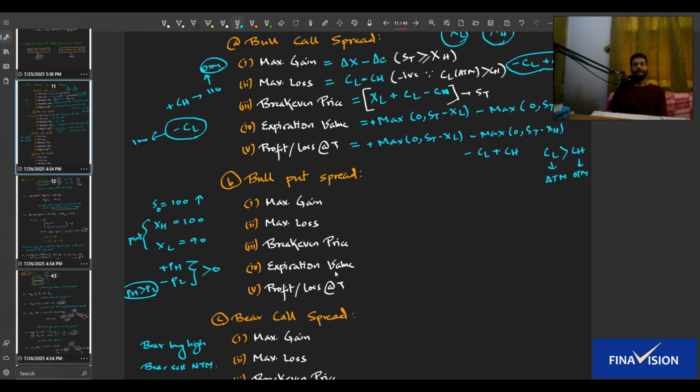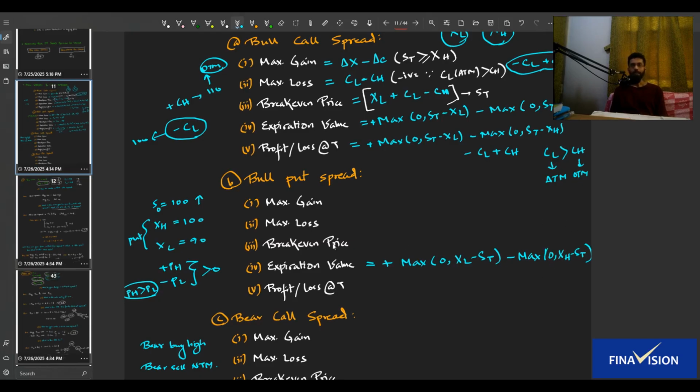Now, expiration value. What is the expiration value? This calculation remains the same. But a very important difference, friends. If right now the price is $100, you sell the put at $100 and you buy the put at 95 or 90 or 80 or whatever, right? Now, coming back. Expiration value. We bought the put at lower strike, max of 0 and XL minus ST. We sold the higher strike put, so this is minus max of 0 and XH minus ST, right?